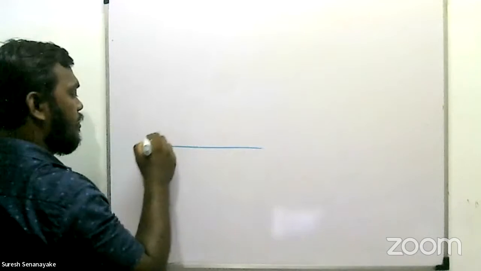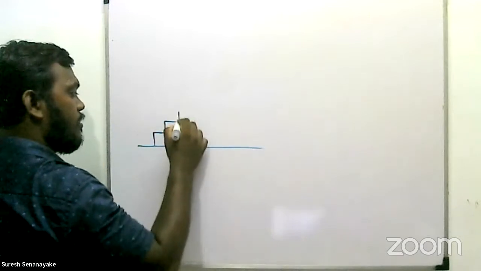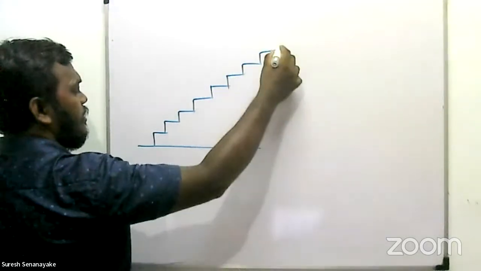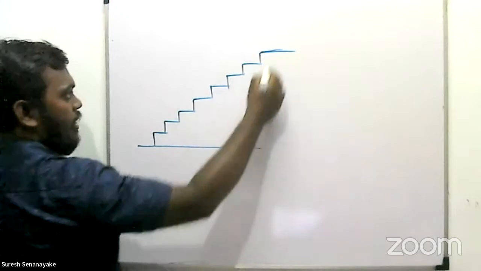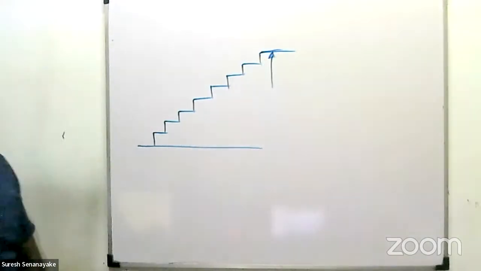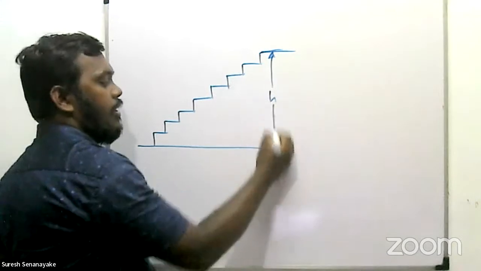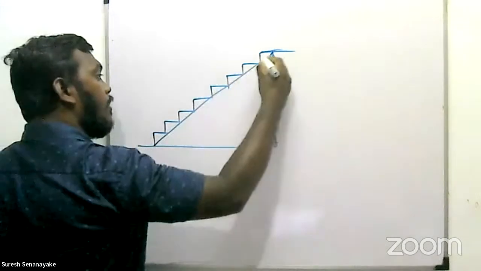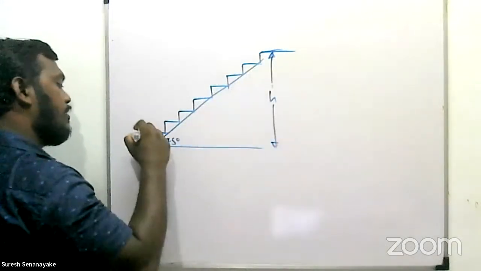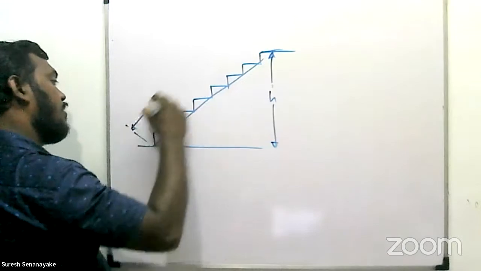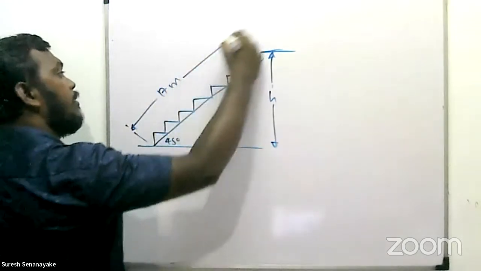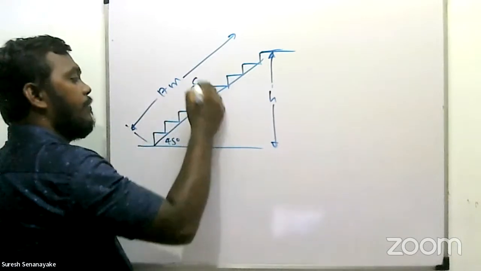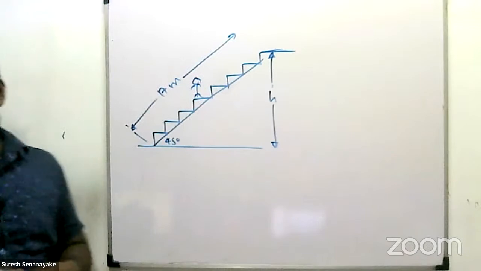The question shows a staircase like this, an escalator, which is movable, but in this case it is stopped. The height is not given, but the angle is 45 degrees and this distance is given as 17 meters. The 90 kilogram man is climbing up, right?